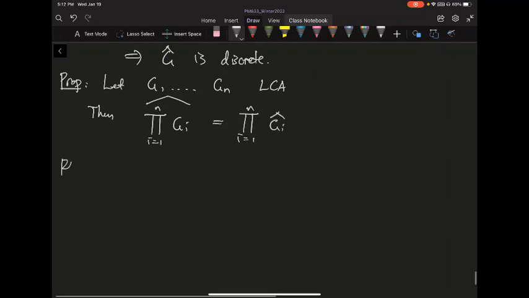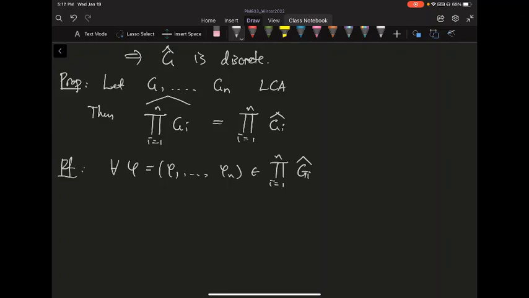All right, the proof is kind of trivial. So first of all, if you have any phi, let's call it phi 1 up to phi n, inside the product of these dual groups, Gi dual, i going from 1 to n, in other words, each of these phi i comes from one of the dual groups.